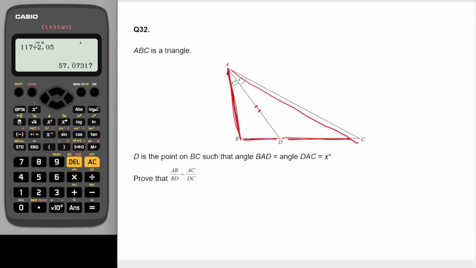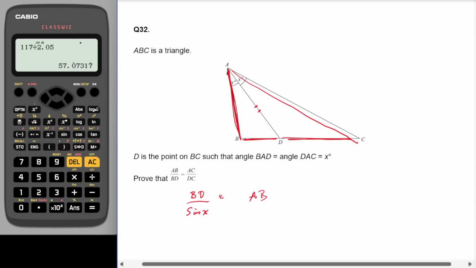So I'm going to start by saying that BD over sine x is equal to AB over the sine of ADB.